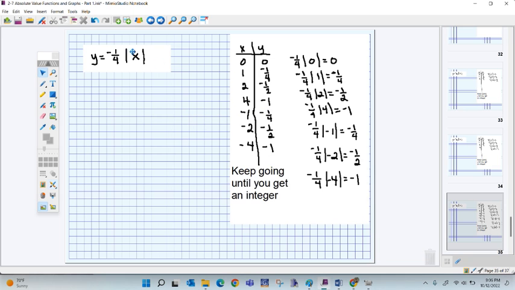When I graph it though, here's what happens. 0, 0; 4, negative 1; negative 4, negative 1. These little half points, here's my quarter, here's my half, here's my quarter, here's my half. I'm getting a V, but it's really smushed down as if somebody stepped on it, and this negative made it flip upside down. So that goes right along with what we were talking about with the parent functions and the transformations.